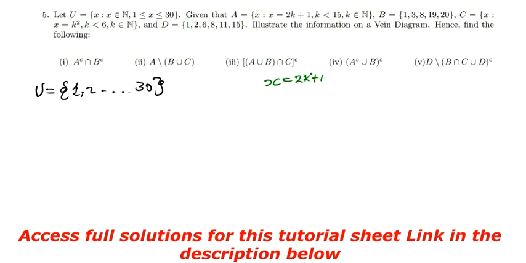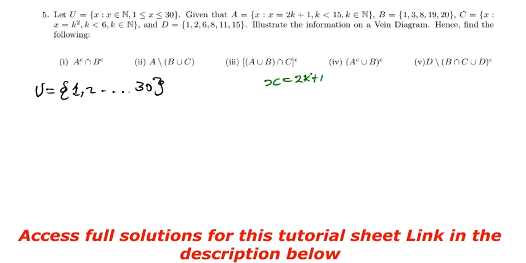This part is saying k is a member of natural numbers. But remember that this is in the universal set, starting from 1 to 30. So k can be any member from this set, not outside the universal set, because we are restricted by the universal set.